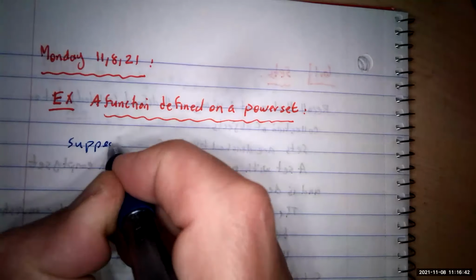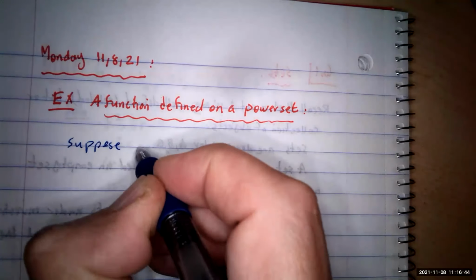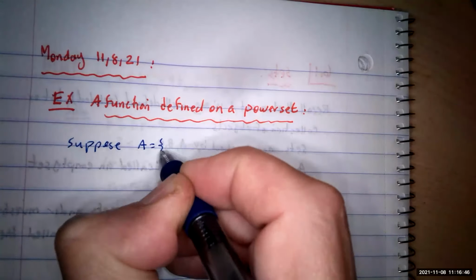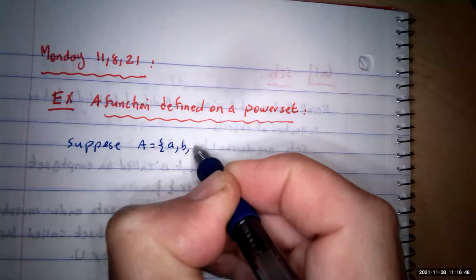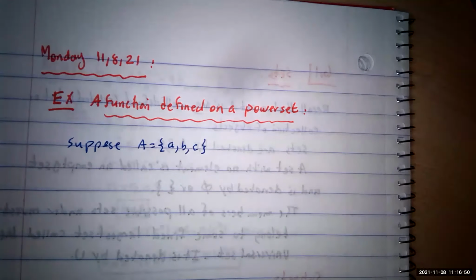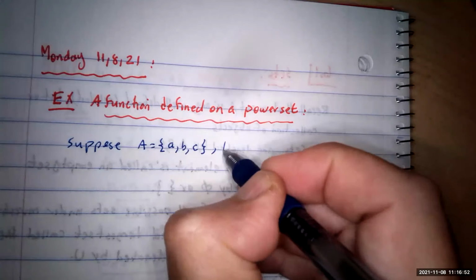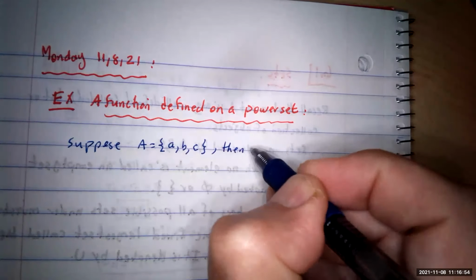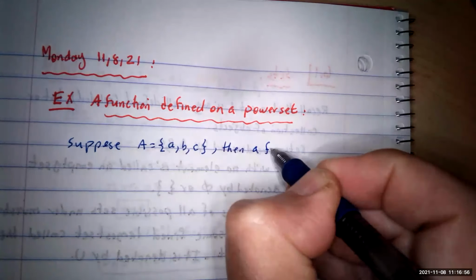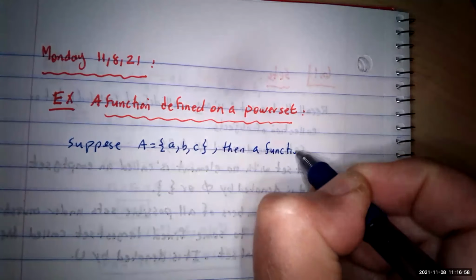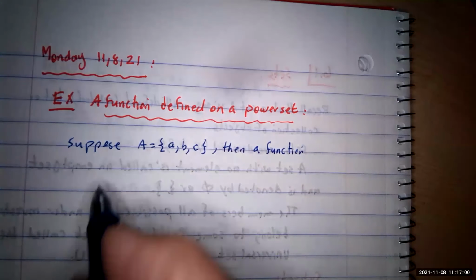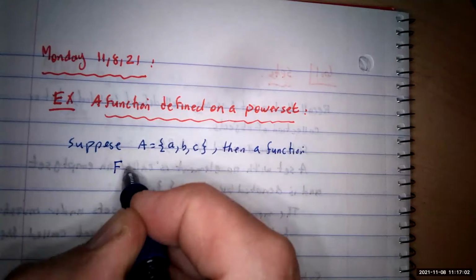Suppose A is a set of 3 members: a, b, c. Then I'm going to define a function f.